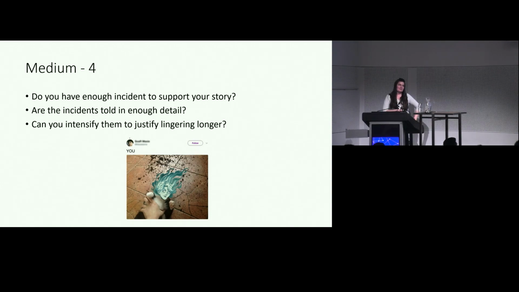So I think with games, because you have to keep them moving in a way that makes it feel like that extra time is valuable, one of the big things is, do you have enough incidents in there? And are those incidents told in enough detail? Are there ways to intensify them to justify spending a little longer?